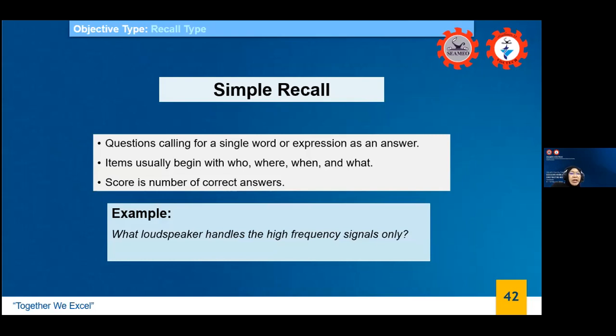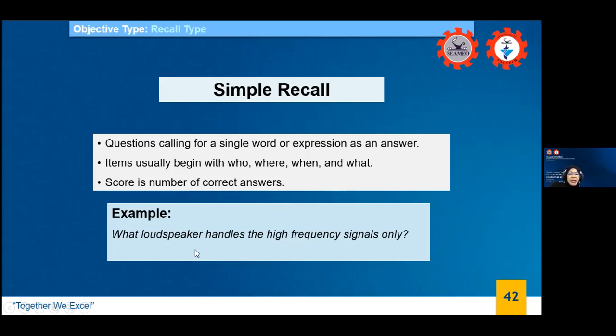Okay. Now look here. Simple recall, how to do it. Questions calling for a single word or expression as an answer. Begins with who, where, when, and what. Score is the number of correct answers. Normally simple recall is one item, one answer.